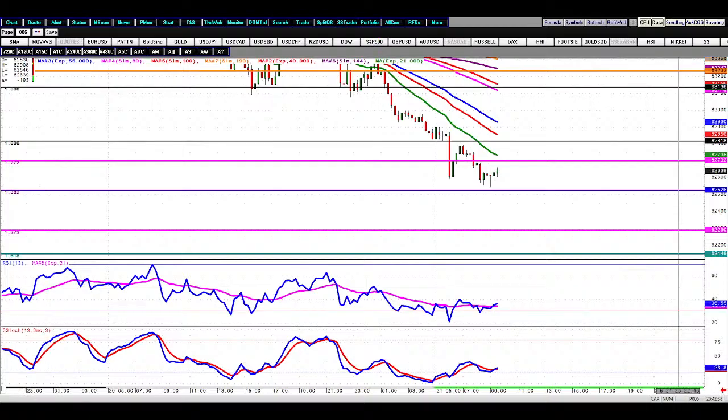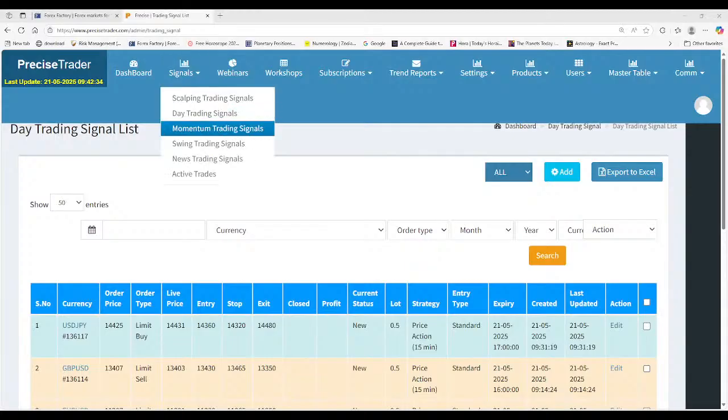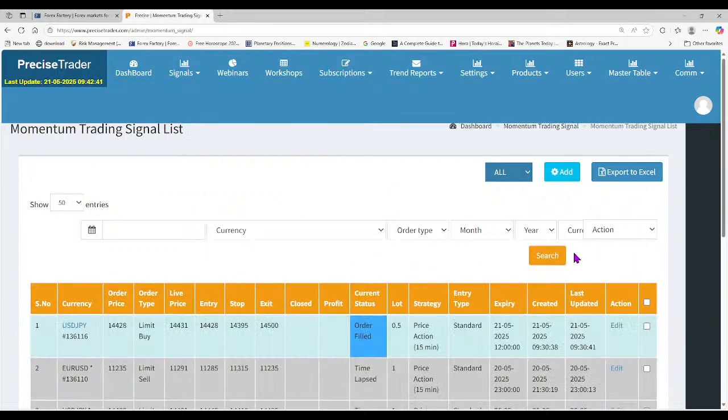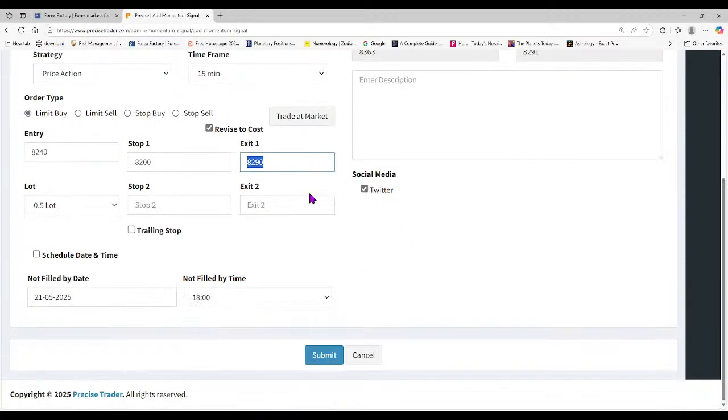Now I think I've already got what I wanted. There are two trades which we can put in. One is a momentum trade. We will try to go for a buy at 82.40, stop 82, and TP I will put as 82.90, because remember we need to exit before 83.05.